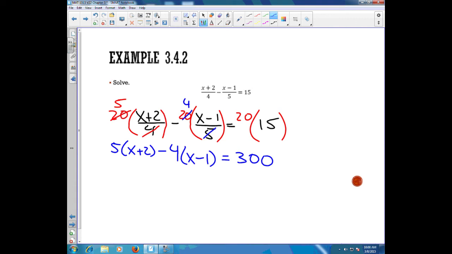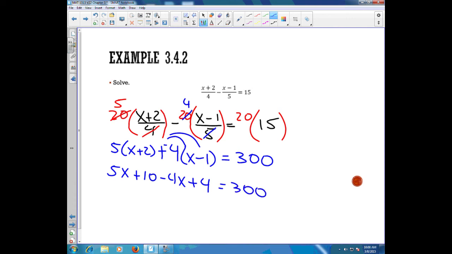And now we can solve this equation. Distribute the 5, we get 5x plus 10. Distribute the negative 4, and we get minus 4x plus 4. Be careful in spots like this. It's a good spot to make a sign mistake. That minus sign will distribute to both terms. And then that's equal to 300.